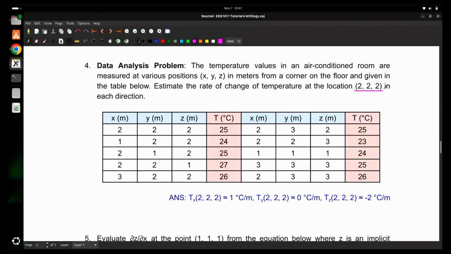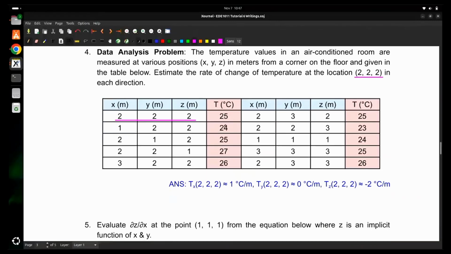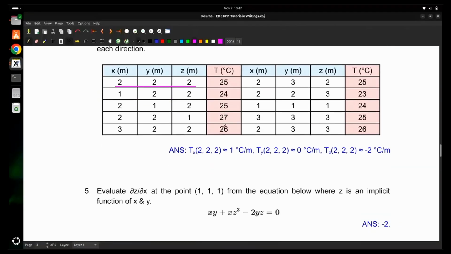You can see that 2, 2, 2 is here. This is x, y, z equals 2, 2, 2. At 2, 2, 2, the temperature is 25 degrees Celsius. Then we are supposed to estimate the change in the x, y and z directions.